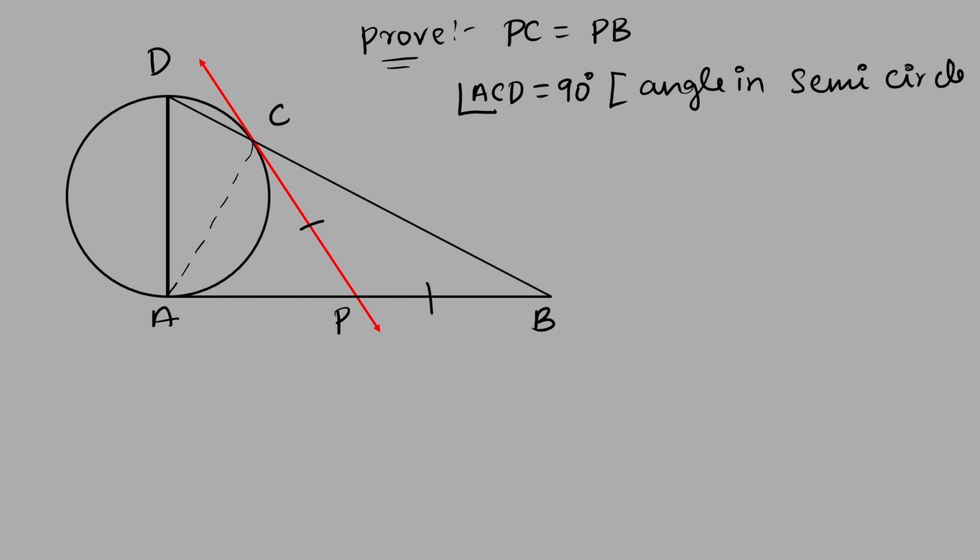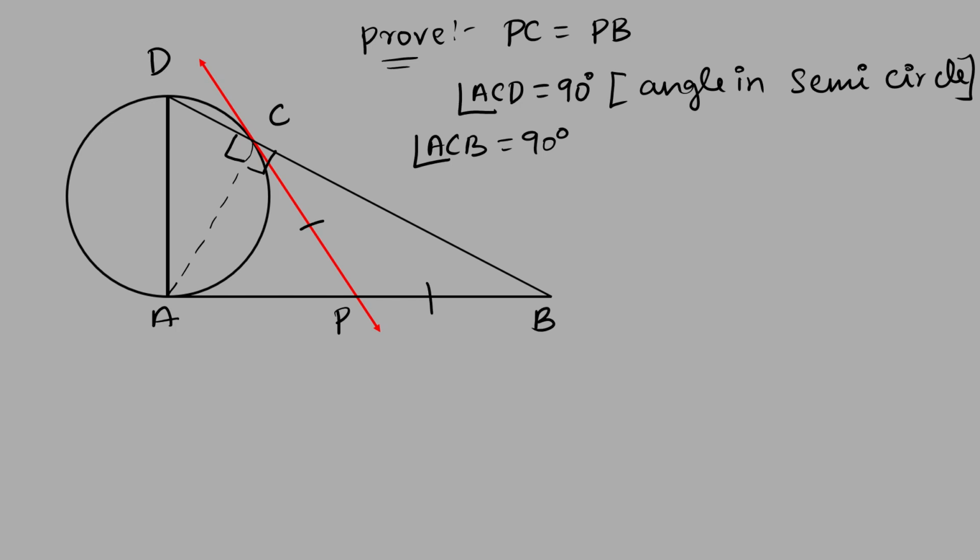Angle in a semicircle will be 90 degree. Okay, so this angle is 90 degree, which makes this 90 degree. Angle ACB is also 90 degree because of the angle sum property.